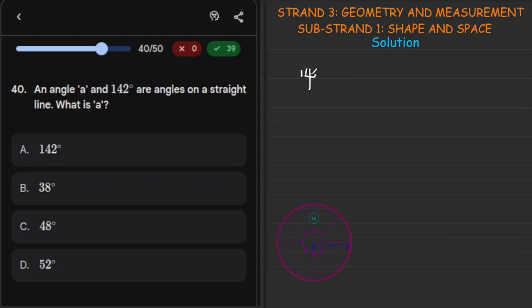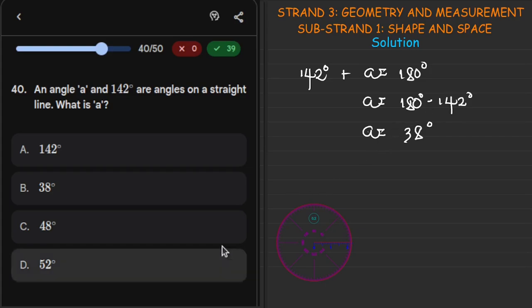Hence, if we add 142 degrees to A, you're supposed to get 180 degrees. So our A is 180 degrees minus 142 degrees. We do a subtraction, so our A is just 38 degrees. That is 180 minus 142.